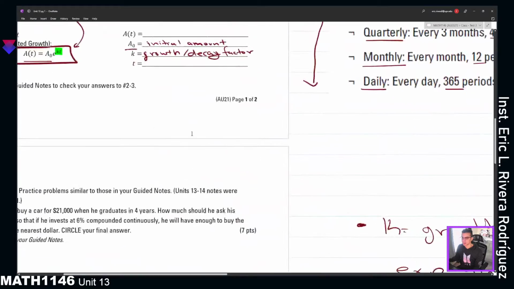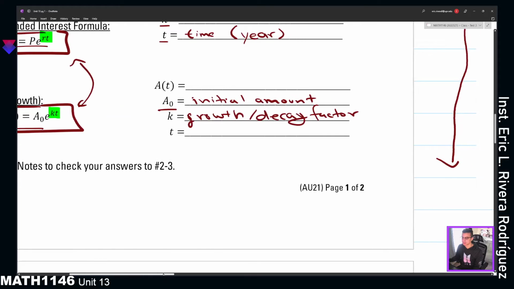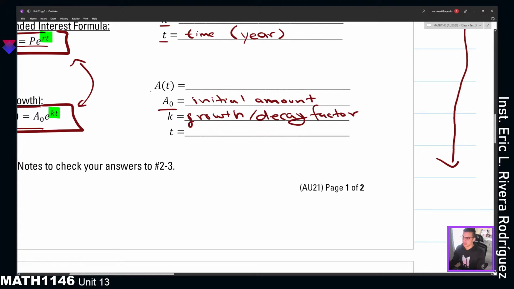So let me go back here. Okay, so let's finish with this. So t is going to be time, but careful here, because t is not necessarily going to be in years. Now, when we are working with the law of growth, inhibited growth, time could be any unit, okay?